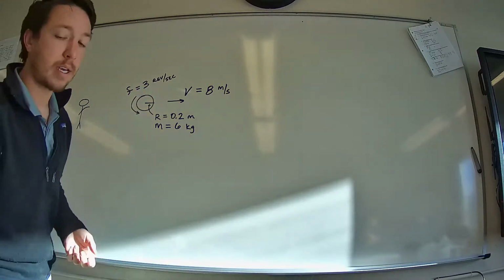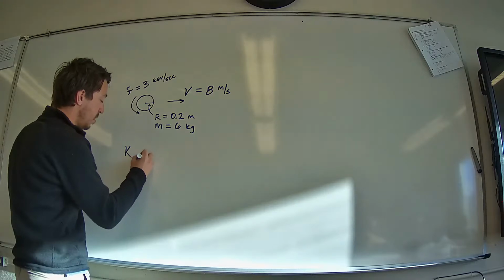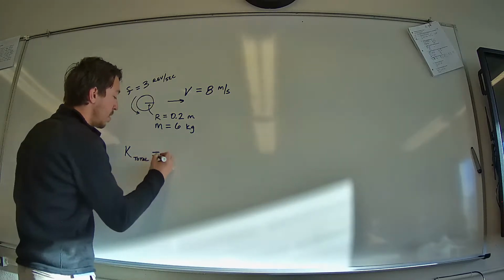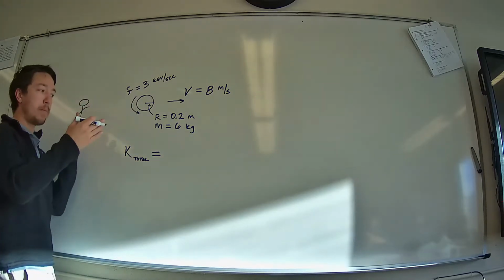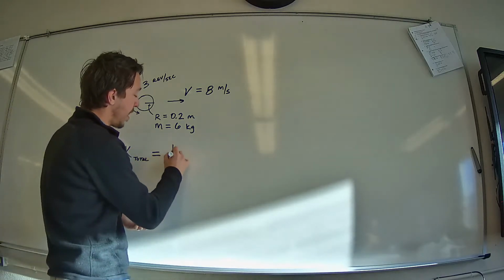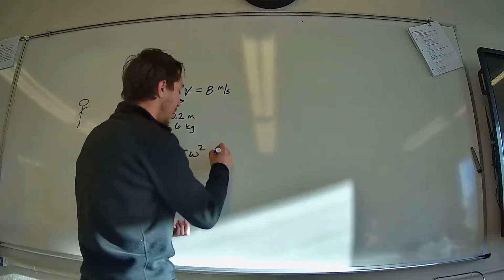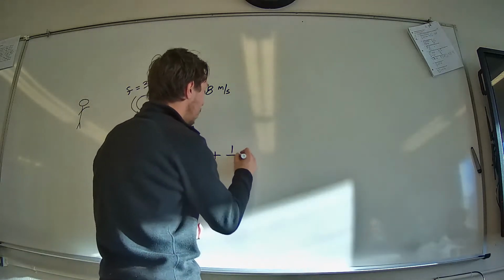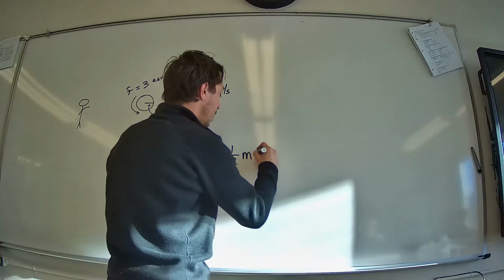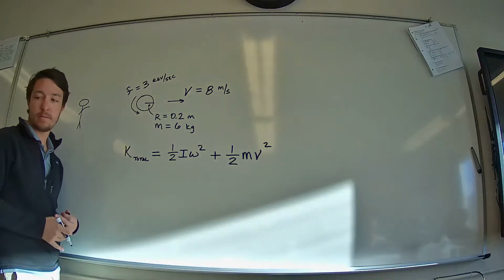So the total kinetic energy is going to be both components. First, the kinetic energy from the spinning, which is 1/2 I omega squared, and then also the energy from it moving.